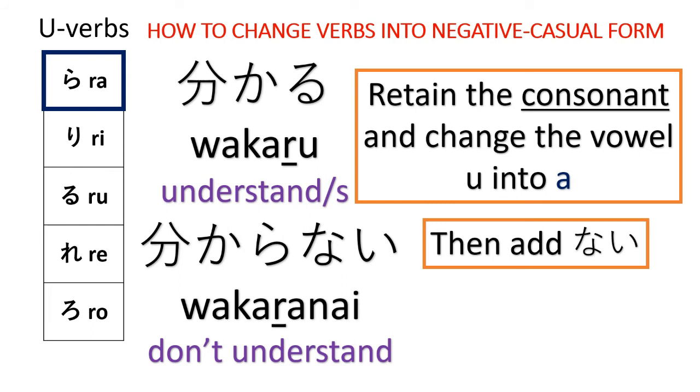Wakaru ends in ru, but is actually an u verb. So we retain R and change U into A. Wakaru, wakaranai. Doesn't understand or don't understand.